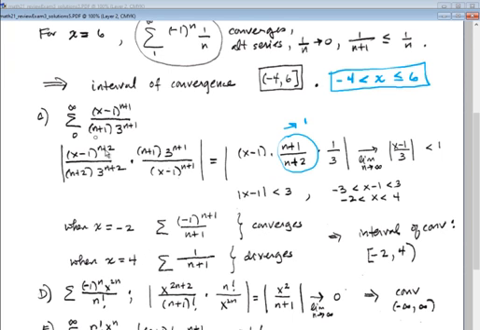And when x equals 4, then we get 4 minus 1, we get 1 over n plus 1, and that one diverges. So you can compare this, it's really basically the same as sum 1 over n. They both diverge. Okay, so there we have the interval of convergence. Include the minus 2, don't include the 4.